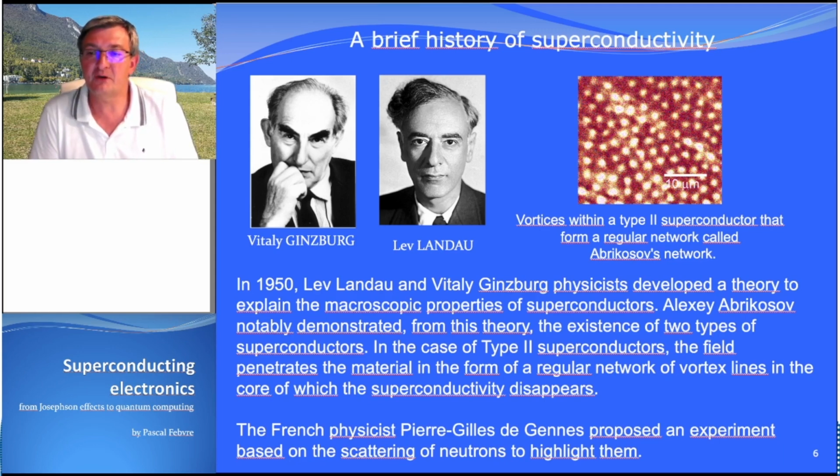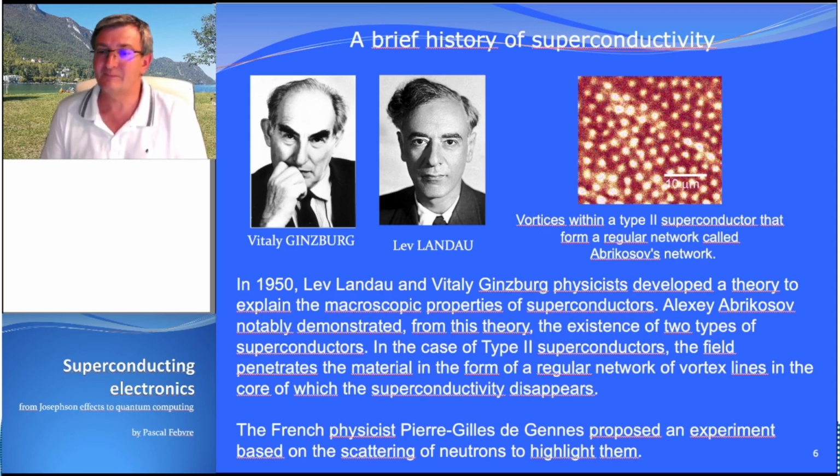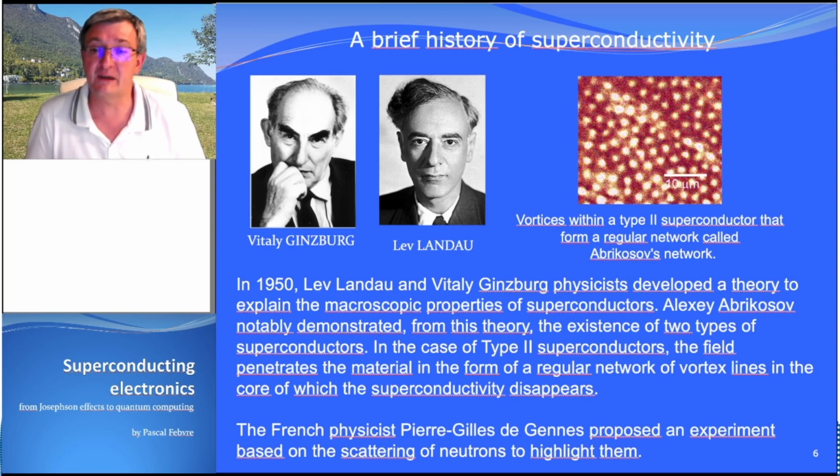In type 2 superconductors, the magnetic field penetrates not in a fast way, but progressively with some vortices which appear, and you can see a picture which has been obtained years after, which shows some order.